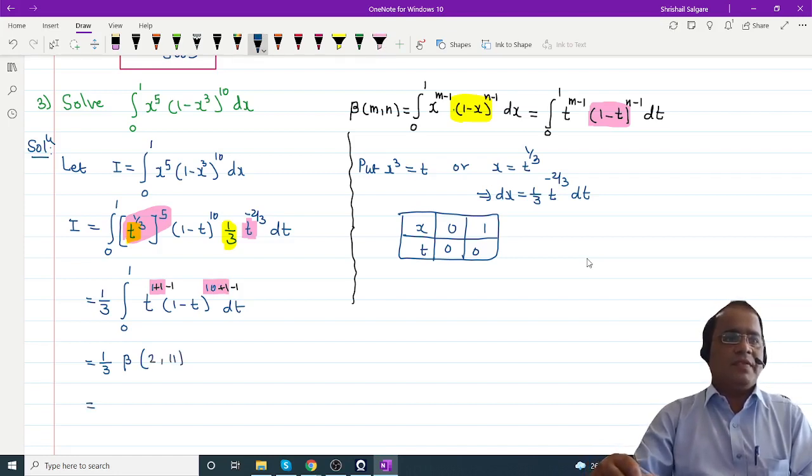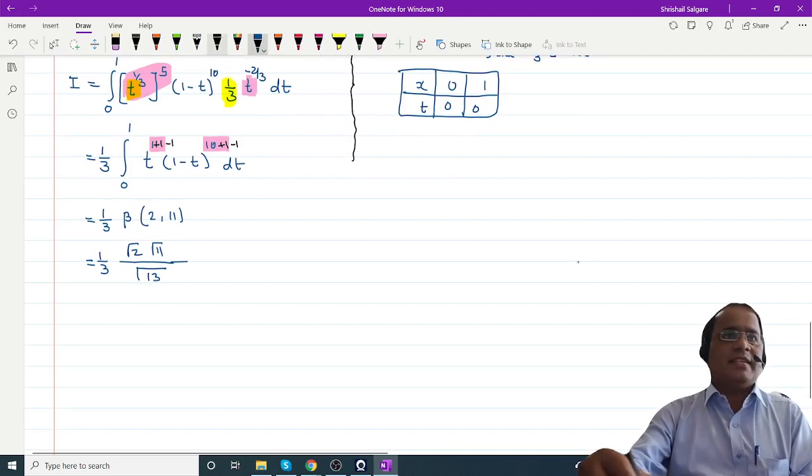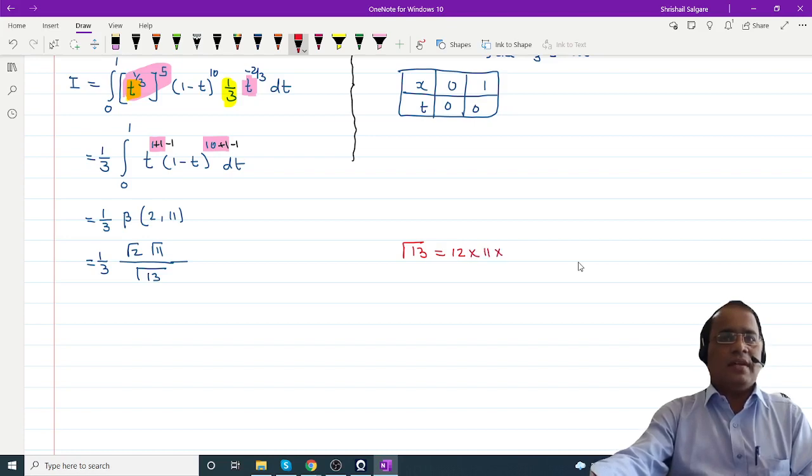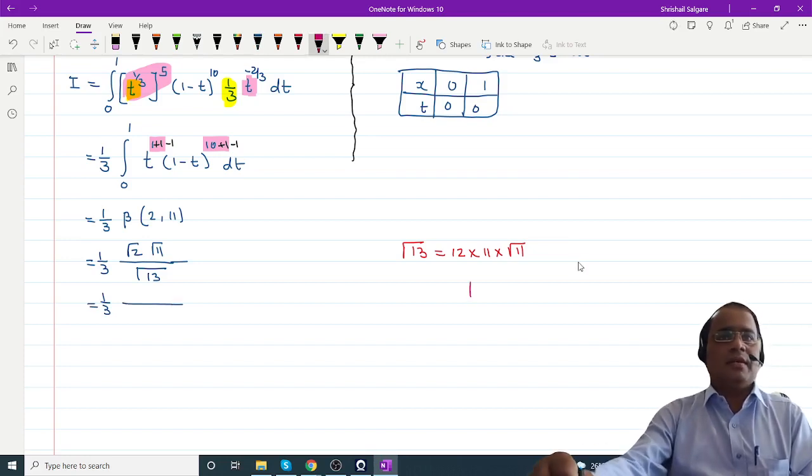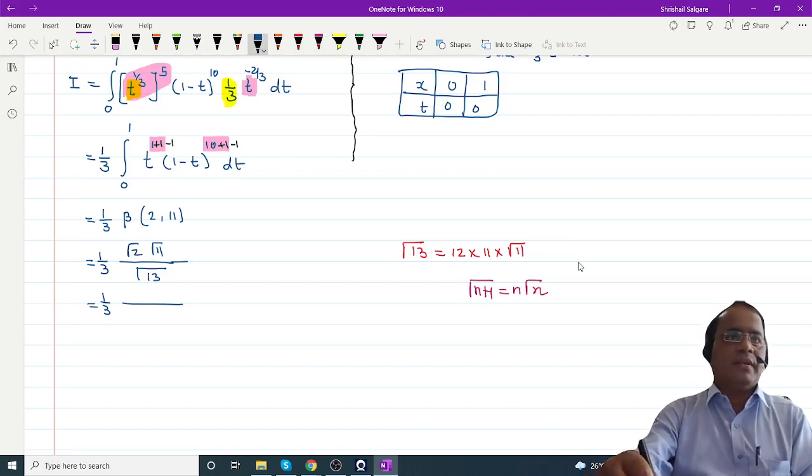So further you can simplify it as 1 by 3, gamma 2 gamma 11 divided by gamma of 11 plus 2, which is 13. Now gamma 13, if you simplify, can be written as 12 into 11 into gamma 11, and that gamma 11 I am going to cancel from the numerator and denominator, using the property gamma of n plus 1 is equal to n gamma n, successively.